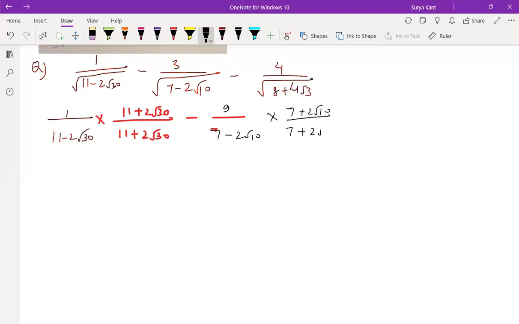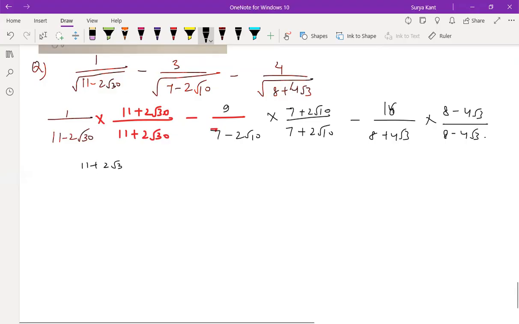Minus 16 divided by 8 plus 4 root 3, multiply by 8 minus 4 root 3 divided by 8 minus 4 root 3.